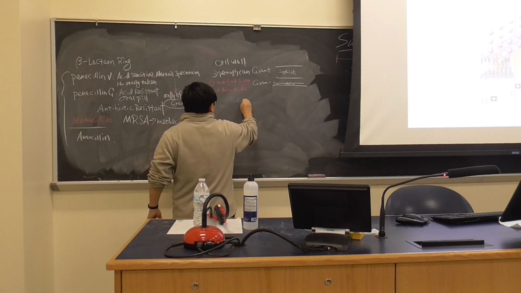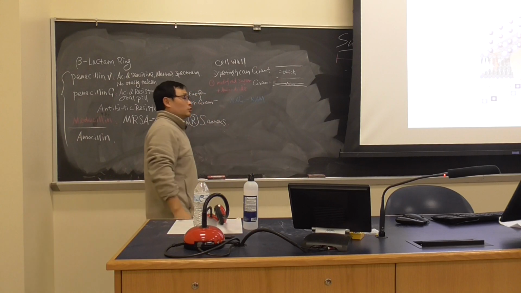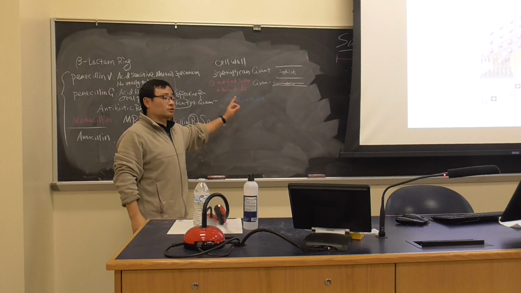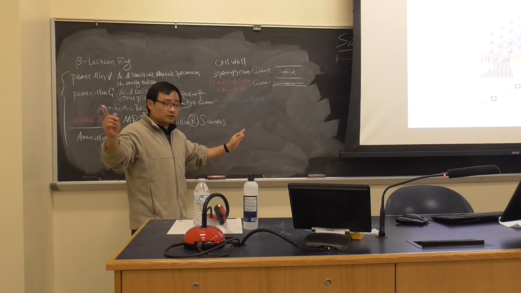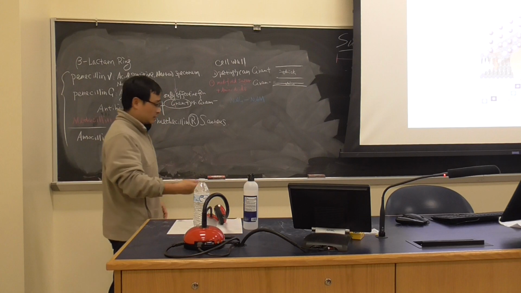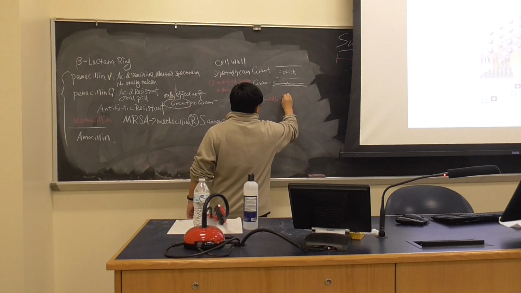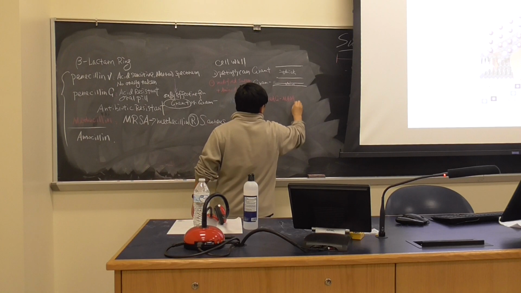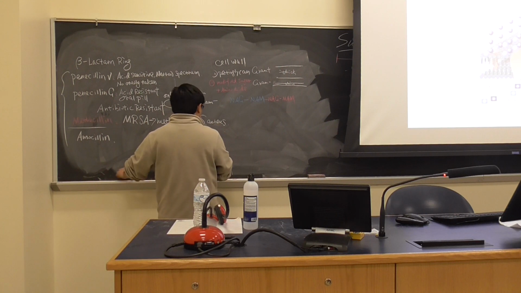NAG and NAM. So what is that? N-acetylglucosamine and N-acetylmuramic acid. You don't have to know the full name, just the acronym is okay, NAG and NAM. So they arrange in an alternating pattern.